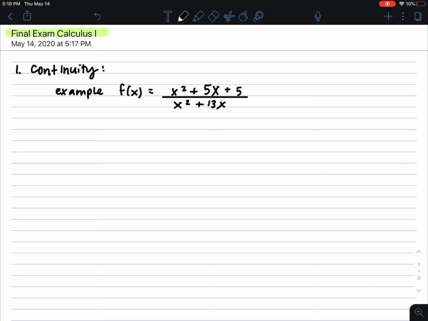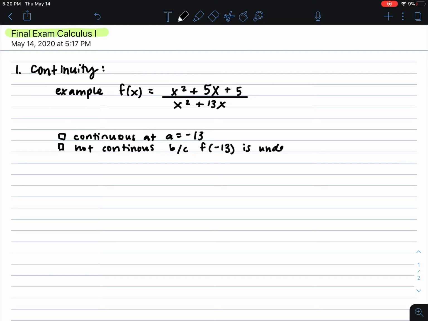And I want to know which of the following are true. So if I ask you, is it continuous at a equals negative 5? Sorry, at a equals negative 13? Not continuous because f of negative 13 is undefined.